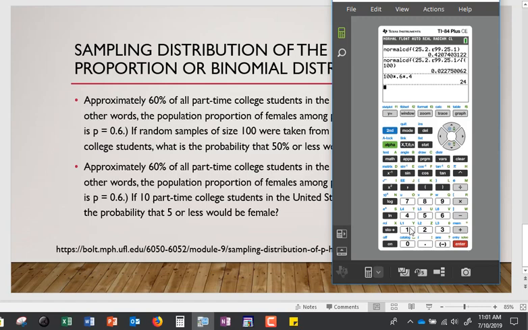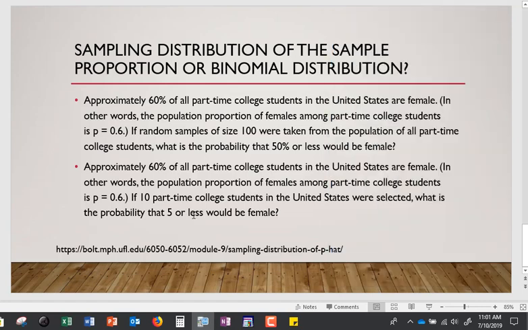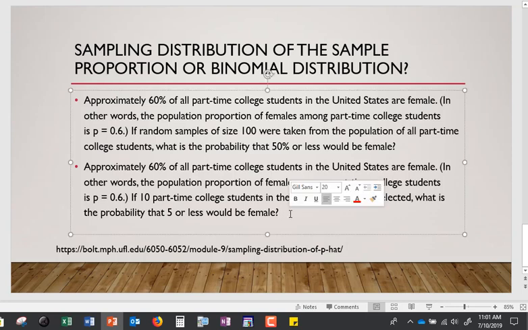The second one, our sample size is 10. When we multiply that by P and multiply that by its complement, you have 2.4. That's less than 10. So this distribution is not normal. So the second one will be a binomial distribution, and the first one would be your sampling distribution.